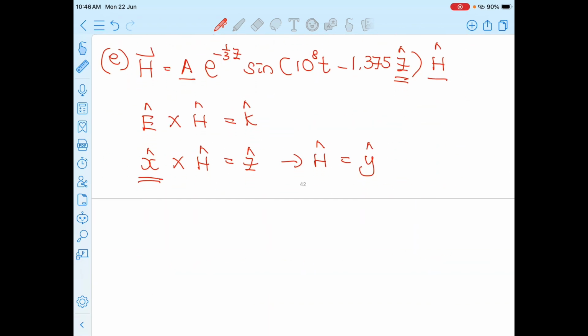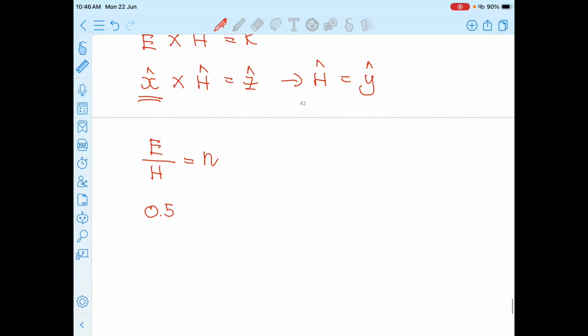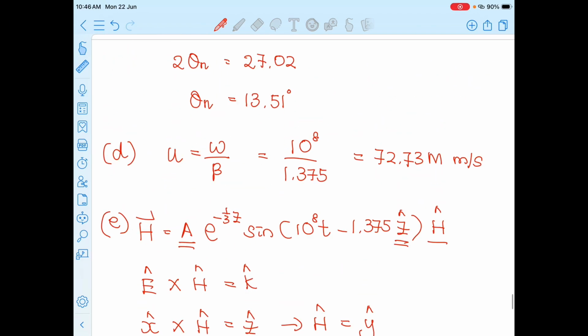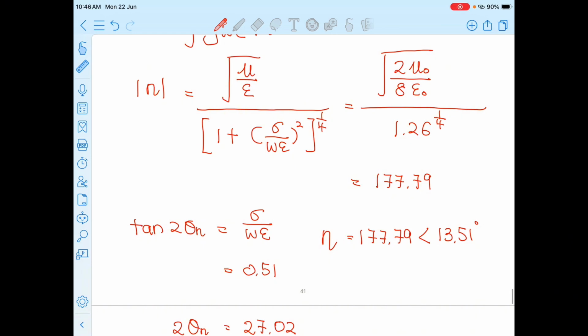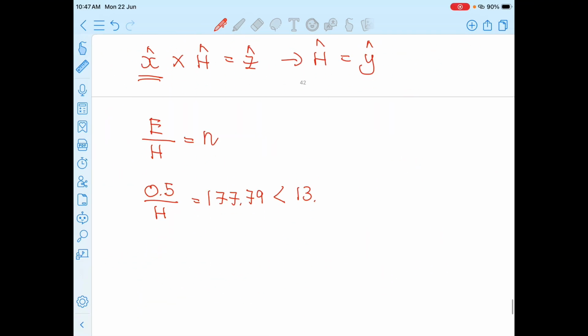Next, we are going to talk about the amplitude. The electric field amplitude over the magnetic field amplitude will be equal to the intrinsic impedance. The amplitude of the electric field is 0.5 according to the question, and we just calculated the intrinsic impedance as 177.79, and the angle is 13.51.